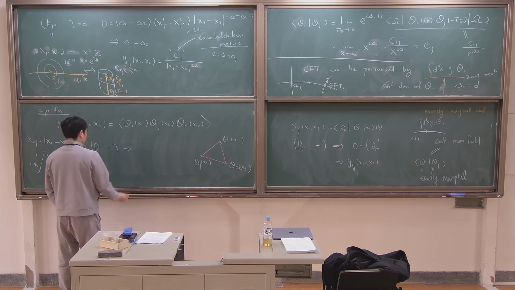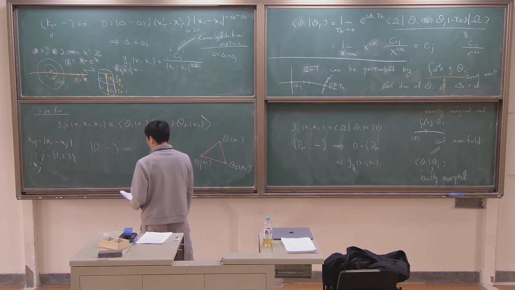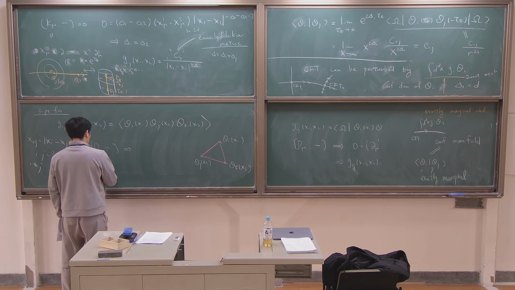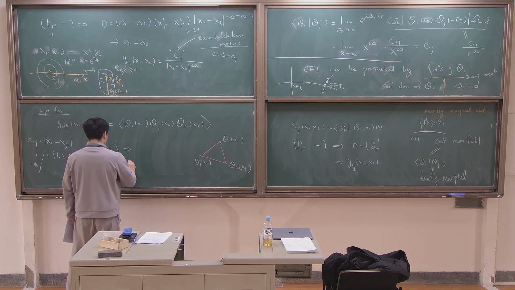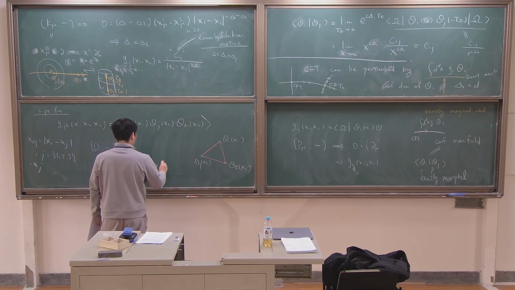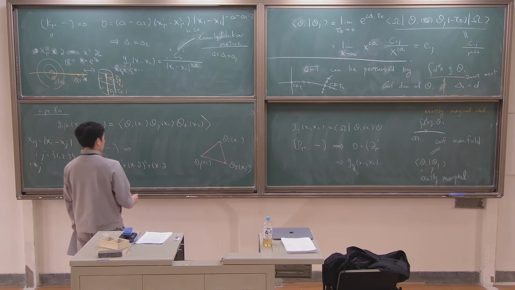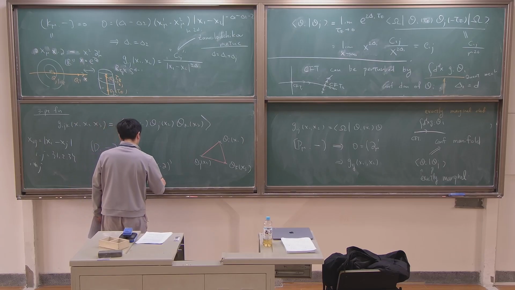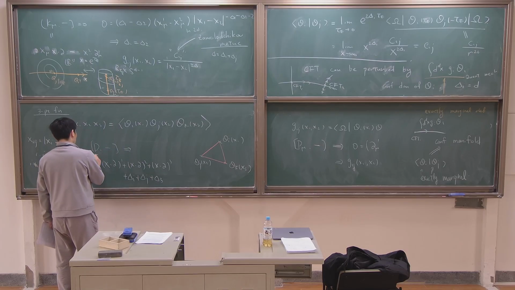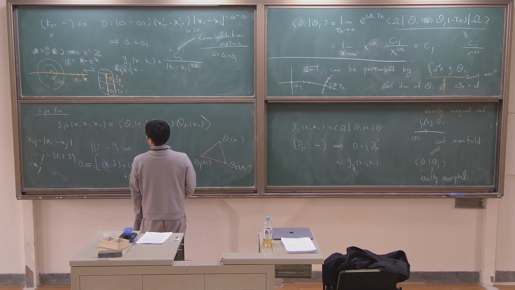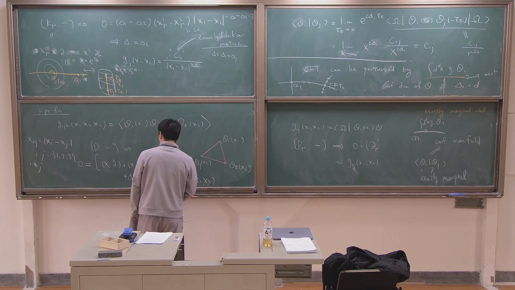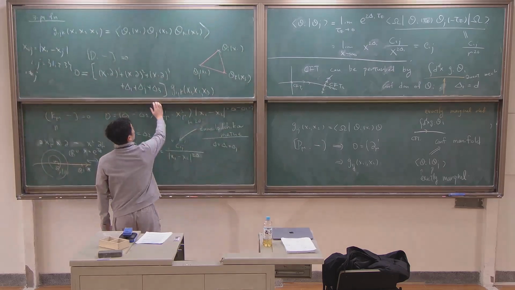This will give you the following relation for G_IJK(x1, x2, x3).